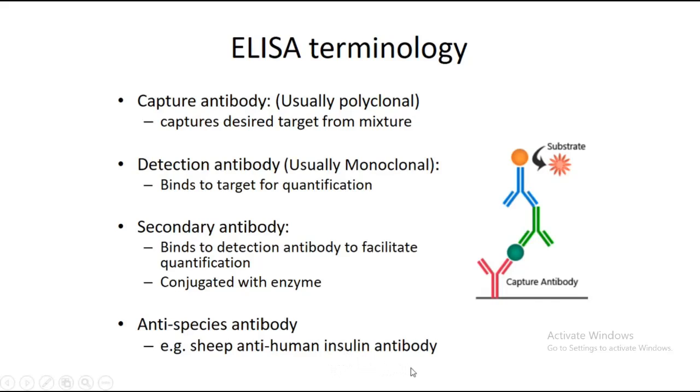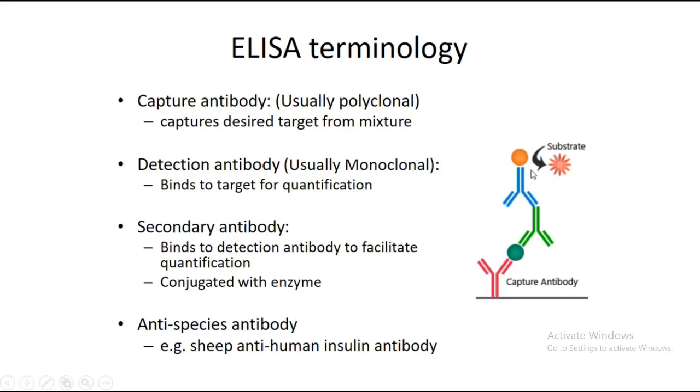In this case I've used insulin. And if the detection antibody was produced in a mouse directed against human CRP, then it's referred to as a mouse anti-human CRP antibody.